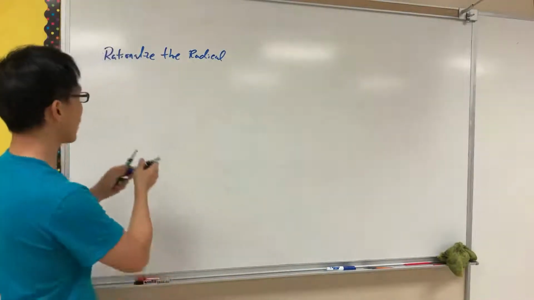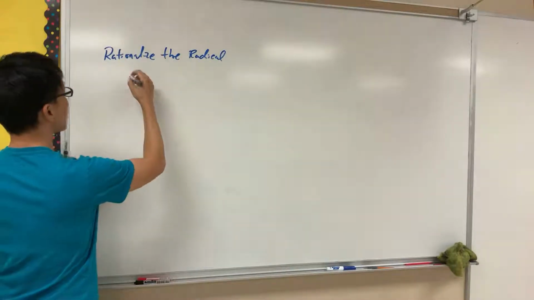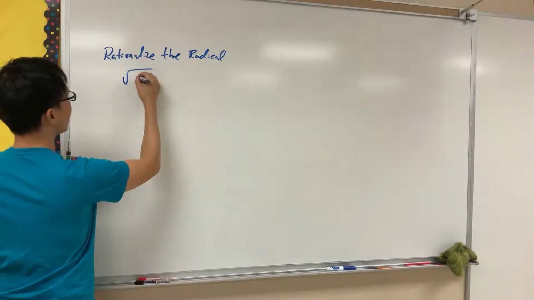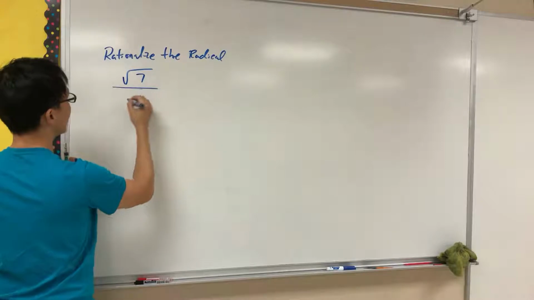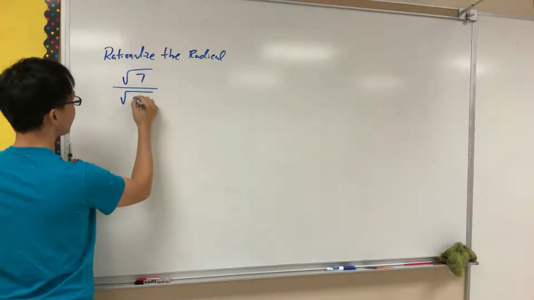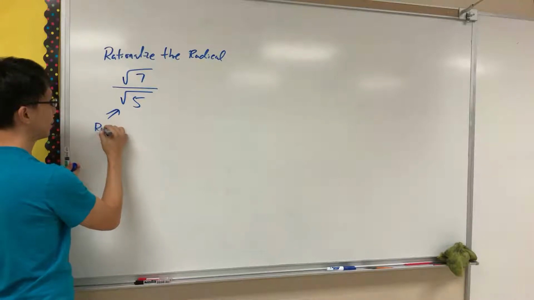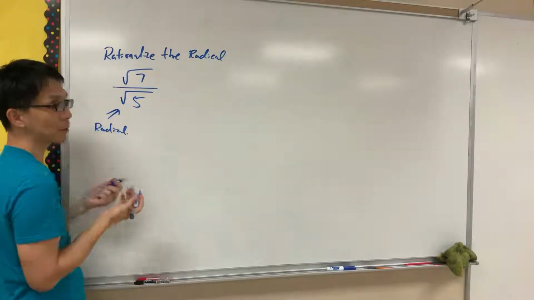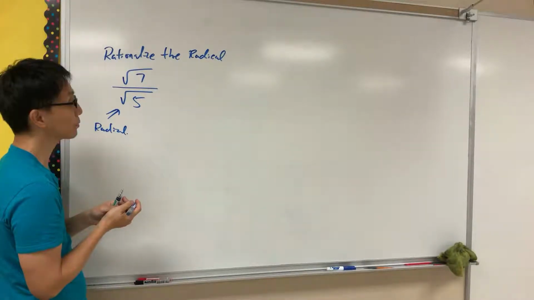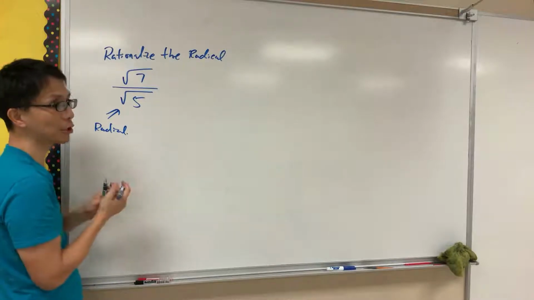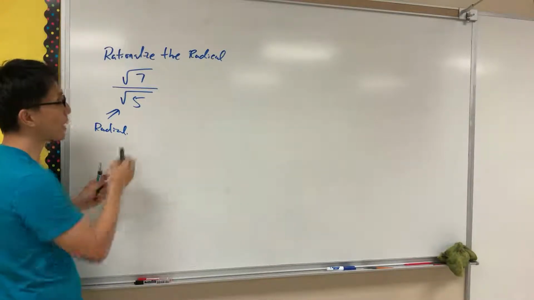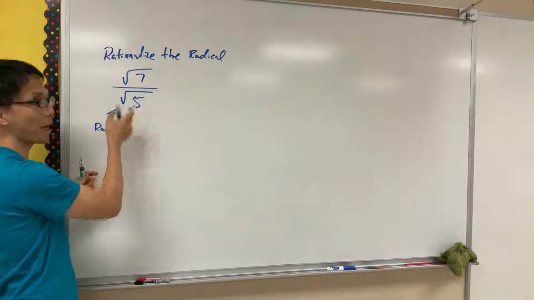So here's the thing we have to pay attention to. If I have square root of 7 over square root of 5, the problem is there's a radical here, and we have to rationalize it. Now if I want to rationalize it, I just multiply by the same radical as the bottom.